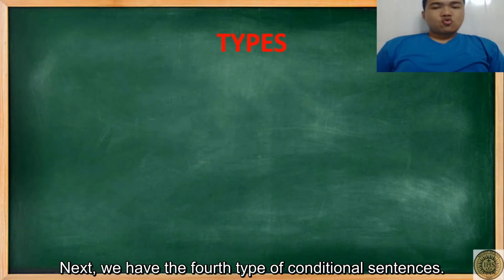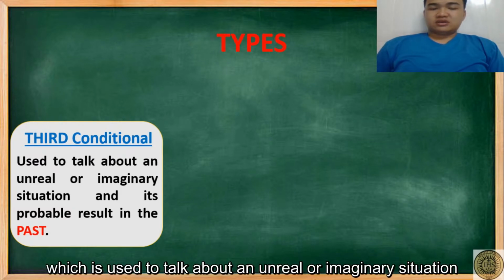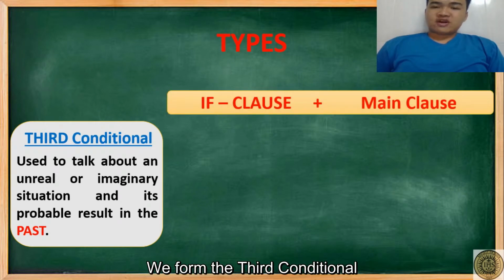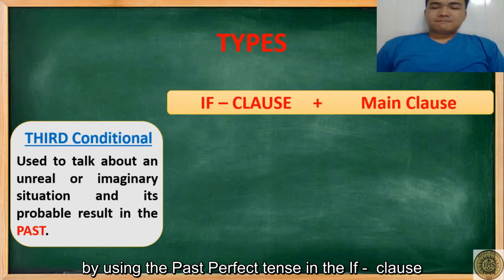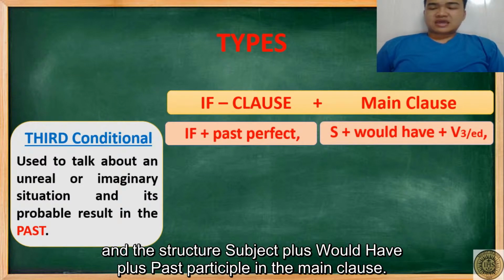Next, we have the fourth type of conditional sentences. It's the third conditional, which is used to talk about an unreal or imaginary situation and its probable result in the past. We form the third conditional by using the past perfect tense in the if clause and the structure subject plus would have plus past participle in the main clause.